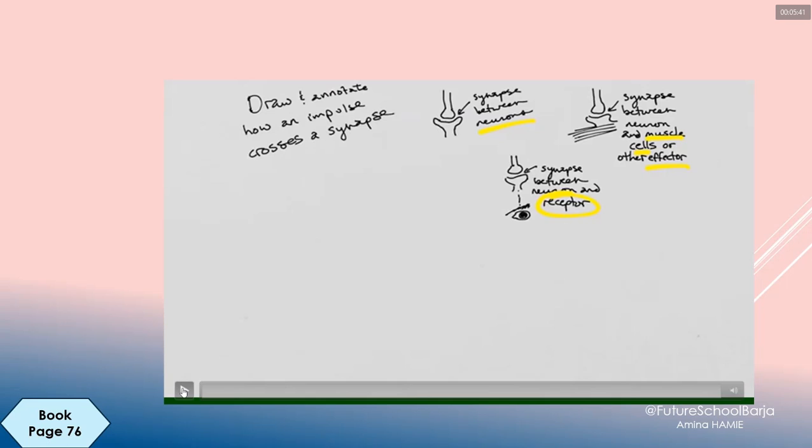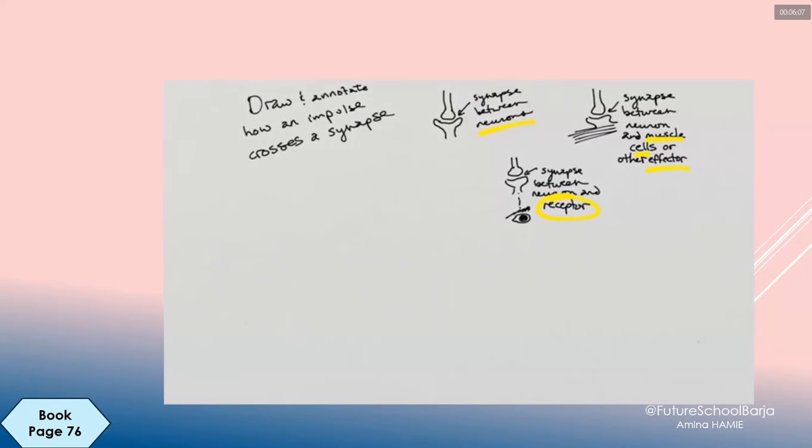Alright, let's learn how to draw and annotate how an impulse crosses a synapse. You'll have to pardon some of the spare noises because I am recording this in the hall at school. Now, this can be in between two neurons, so send from one neuron to the other. Receptor. Or a neuron and some other effector, and an effector is something that responds to a stimulus.